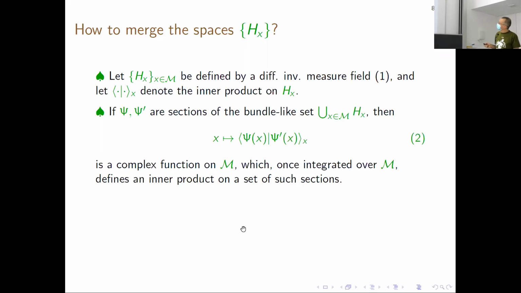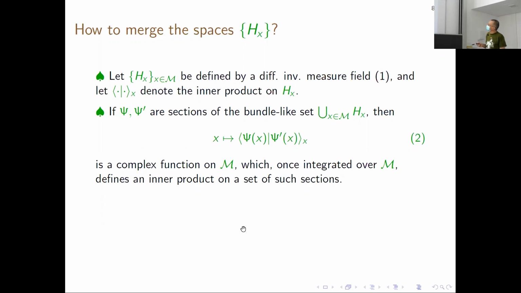Now, I will consider such a set. I can say that it is a bundle-like set. Perhaps it is even a bundle. There is a notion of a Hilbert bundle over a manifold, but I didn't check whether this set satisfies all requirements, because I didn't need that. But in fact, we can say that it is a bundle-like set.